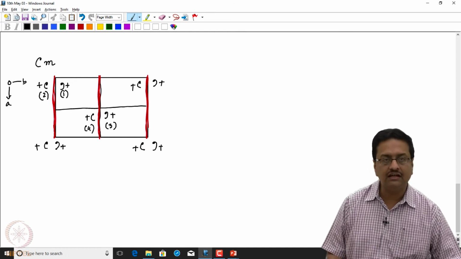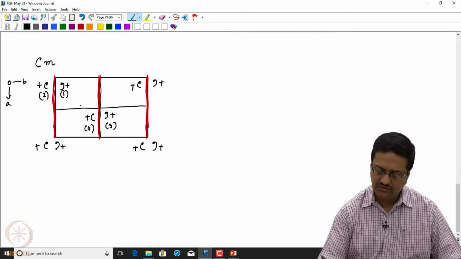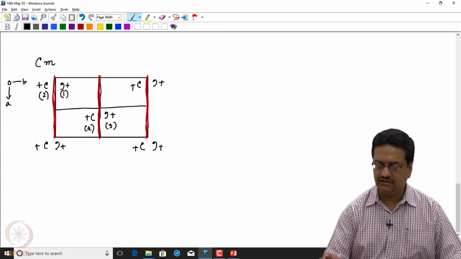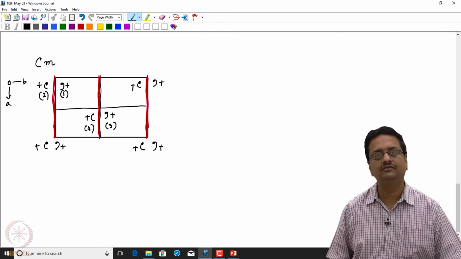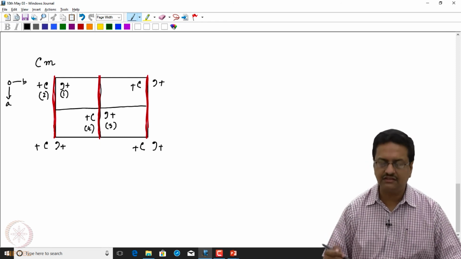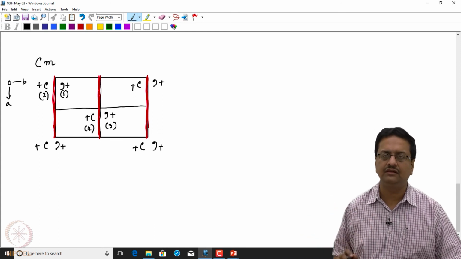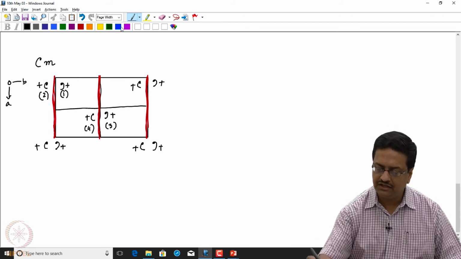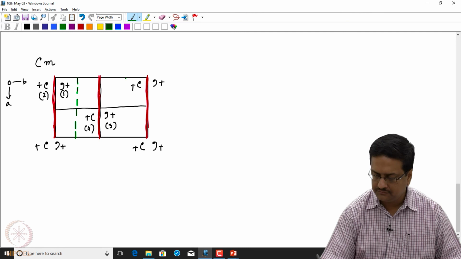So what has happened here, if you look at it very carefully, the relationship between 1 and 4 is a reflection perpendicular to B and translation along A. So reflection perpendicular to B and translation along A means it is an a glide perpendicular to B. As we indicated, the symbol for an a glide is a dashed line.